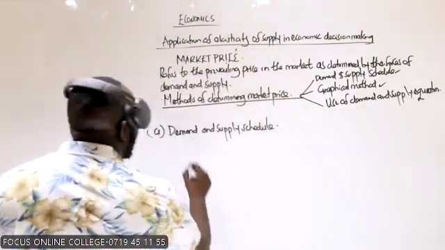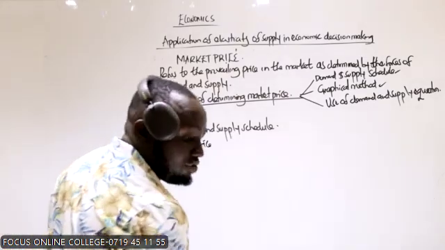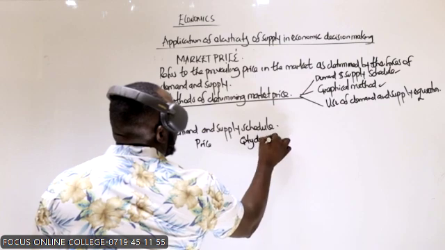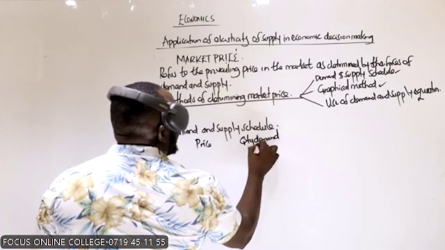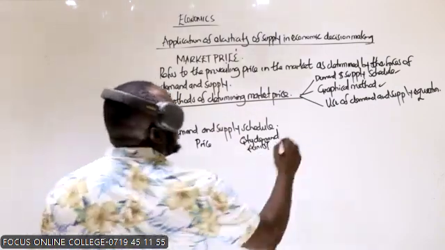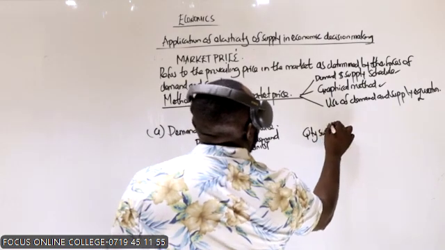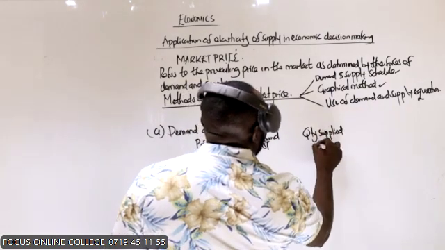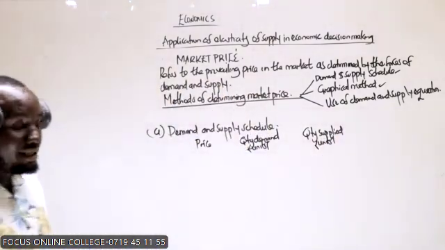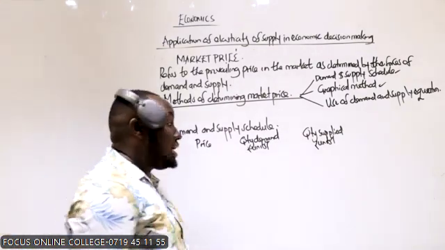On one end, I have the prices, then the quantity demanded in units, then the quantity supplied, which is also basically in units.